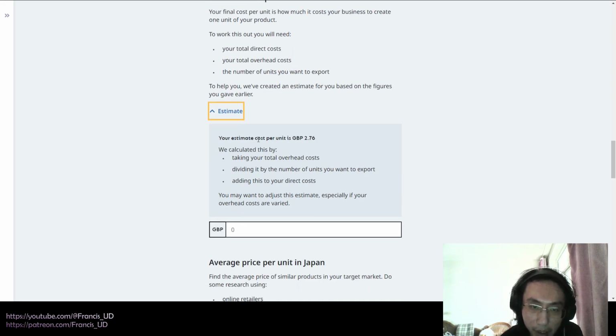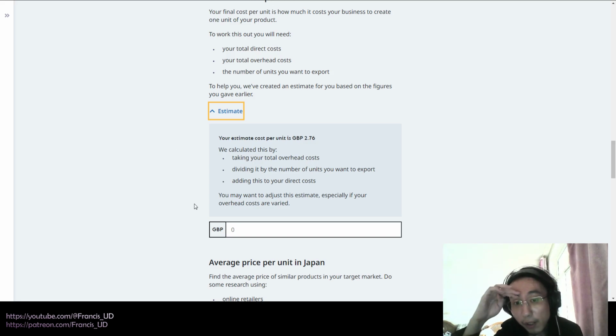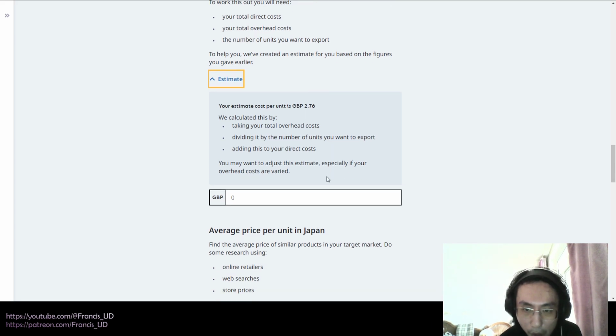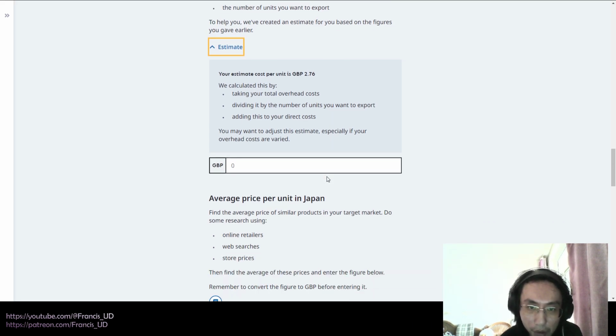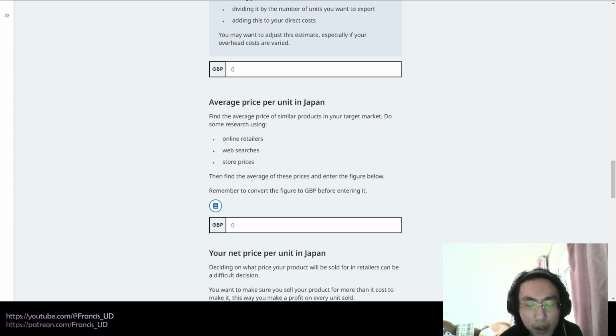Your estimated cost per unit is £2.76. We calculate this by taking your total overhead costs, dividing it by the number of units you want to export, and adding this to your direct costs. You may want to adjust this estimate, especially if your overhead costs are varied.